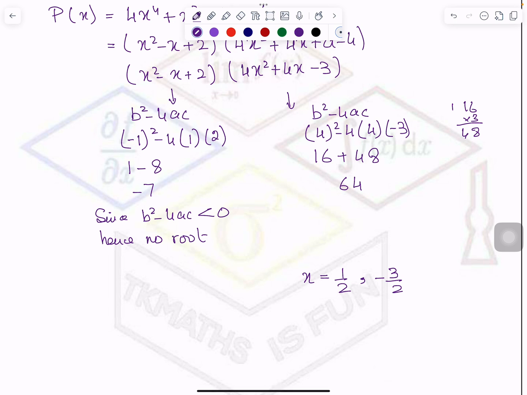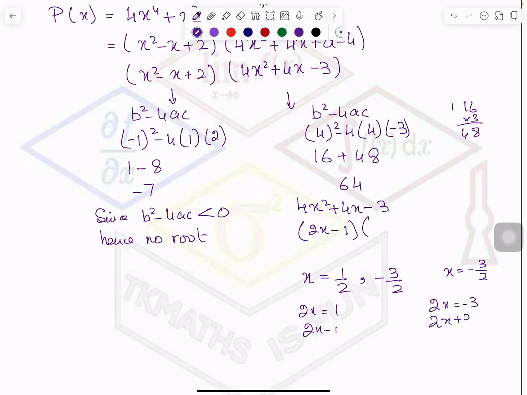I can say 2x equals 1, which is 2x minus 1. So my one factor for this will be 2x minus 1, and the other factor, how can I get here? If I put it like this, it will be 2x equals minus 3, which is 2x plus 3, right?